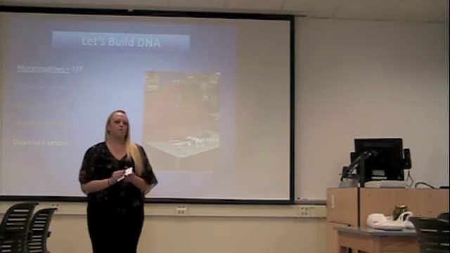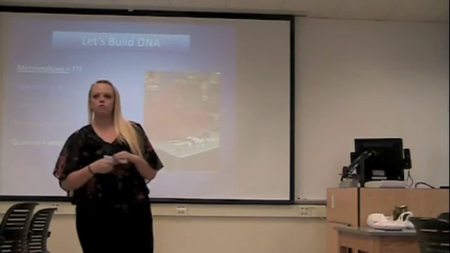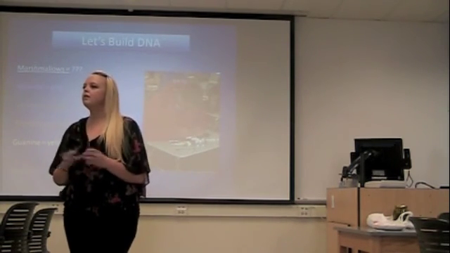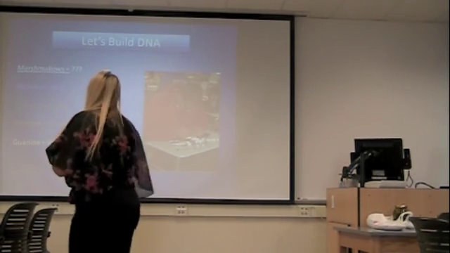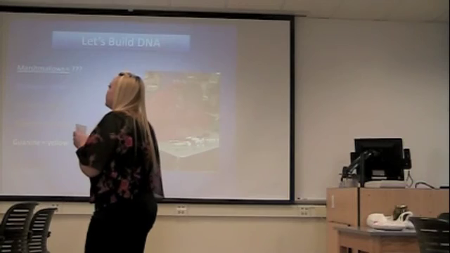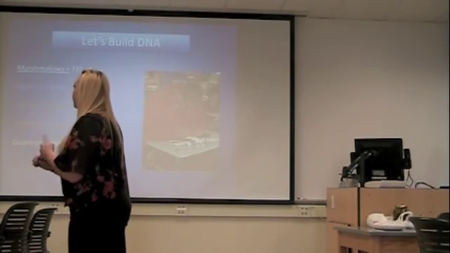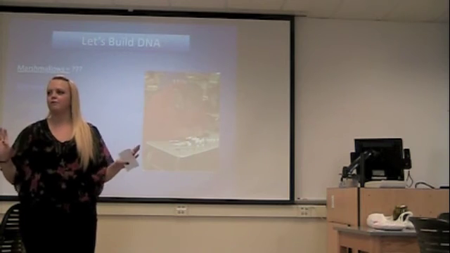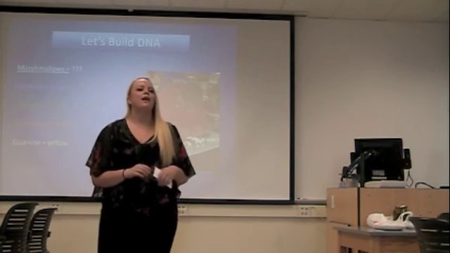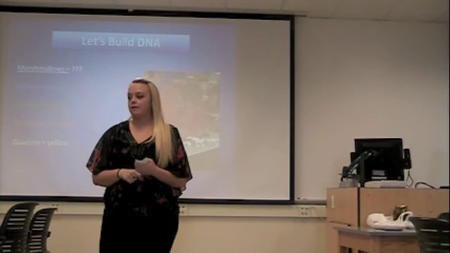Now, do you remember which ones pair with which ones? Which base bonds with the other one? Pink and yellow. What is pink and yellow? No, but pink, the adenine. Let's use the actual term instead of the colors. Sorry if I'm confusing anyone. Adenine actually bonds with thymine.